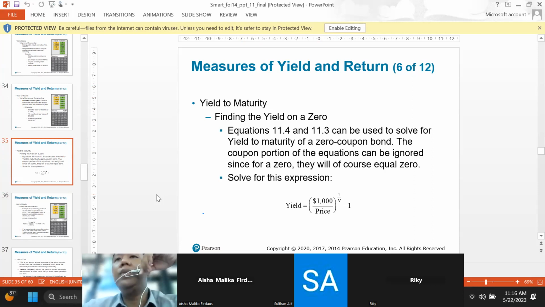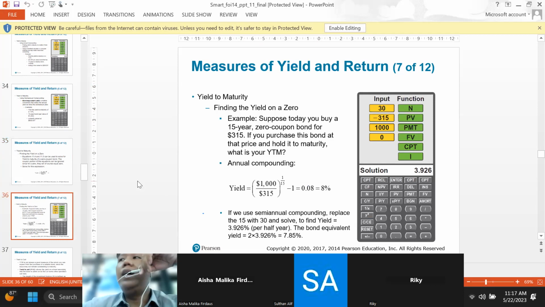Basically, a zero coupon bond is a bond that is sold at a discount. For example, we have a 15-year zero coupon bond that is selling for $315. So it will be very discounted, and we buy at the discount.